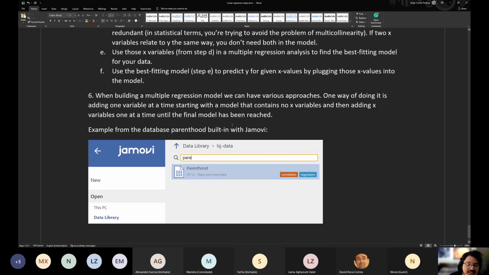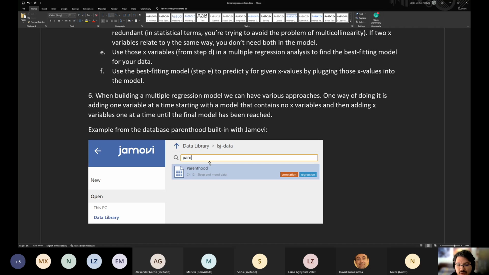So there is a data set in Jamovi called Parenthood that you can find if you go to Jamovi Open Data Library and Parenthood. This is a built-in database that you can use to exercise this set of ideas. Okay, so we need to be sure that this is understood before we move forward.